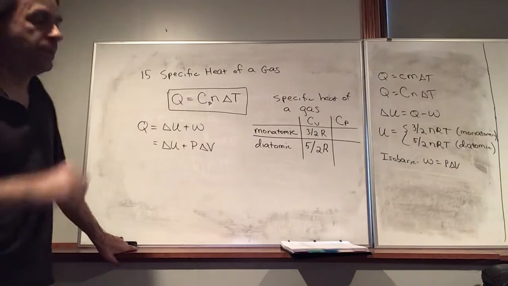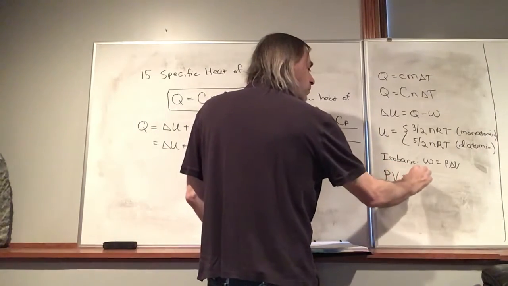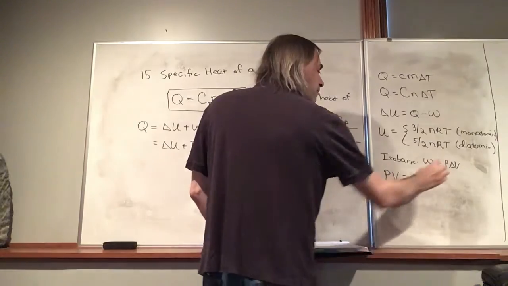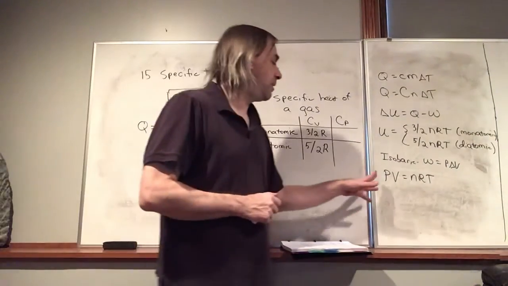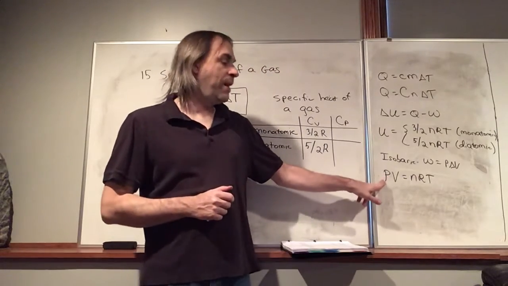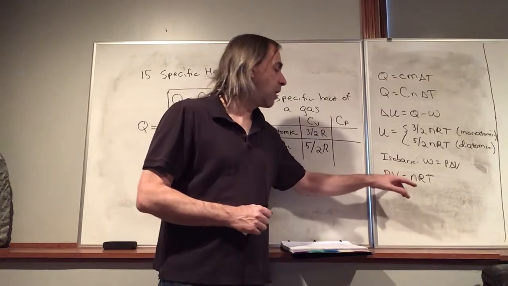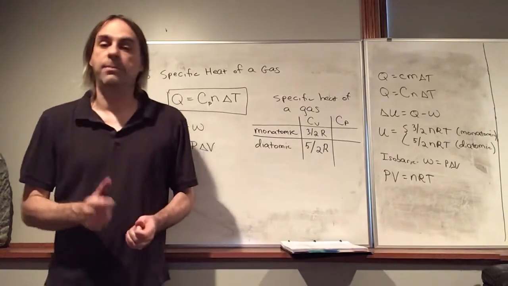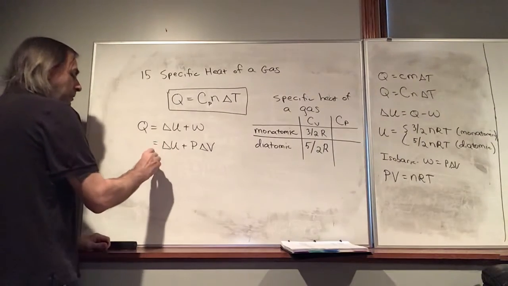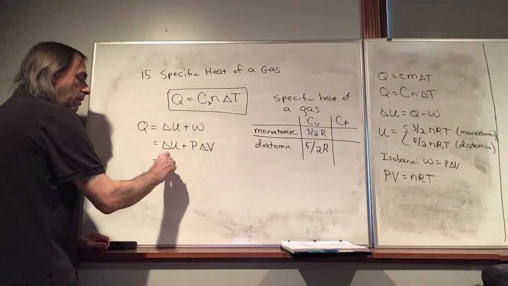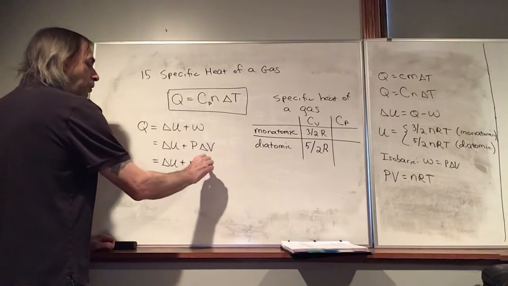We also need the ideal gas law. Here we have a constant pressure in this case, so P is constant, n and R are constant. Our only variables are V and T. So I'll write down the answer, but then I'll show it off to the side. P delta V is going to be nR delta T.